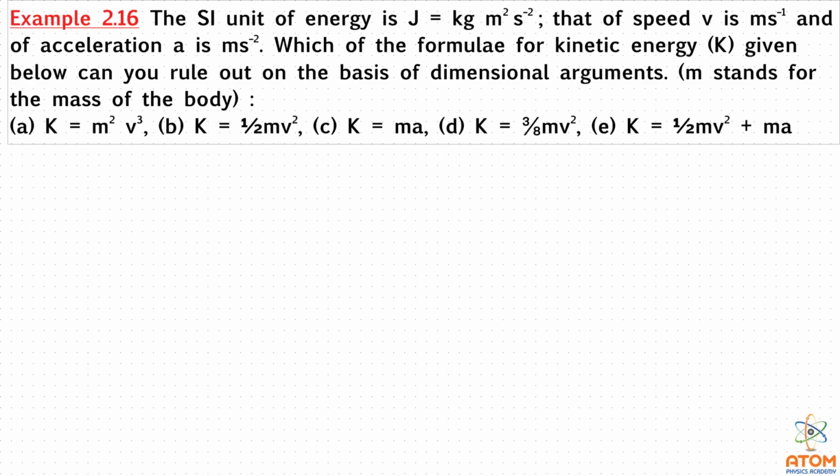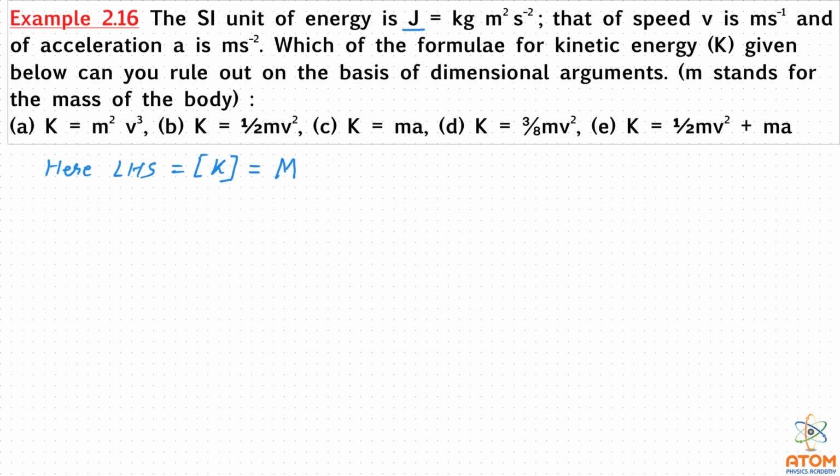Here, the left hand side has kinetic energy, so we have to take the dimension of kinetic energy. Now the unit of kinetic energy is joule, and here it is given that joule is equal to kilogram meter square second inverse square. So from this we can create the dimensional formula of kinetic energy.